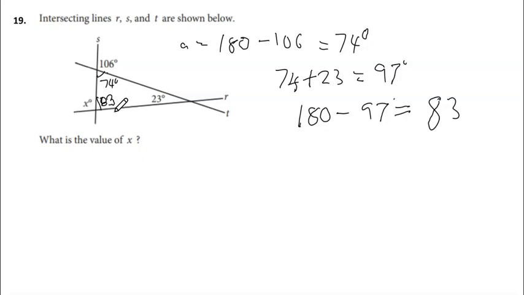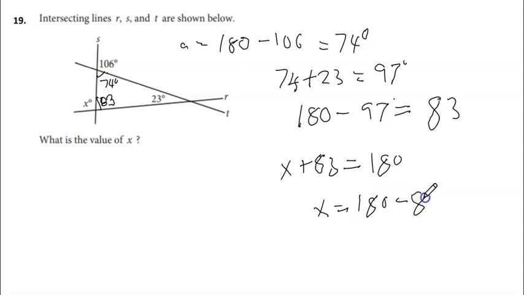And to get the x, right? Because x is on a straight line with the 83, our x degrees, or we can say x plus 83 is equal to 180 degrees, right? So x is equal to 180 minus 83, which ends up becoming 97 degrees, right?